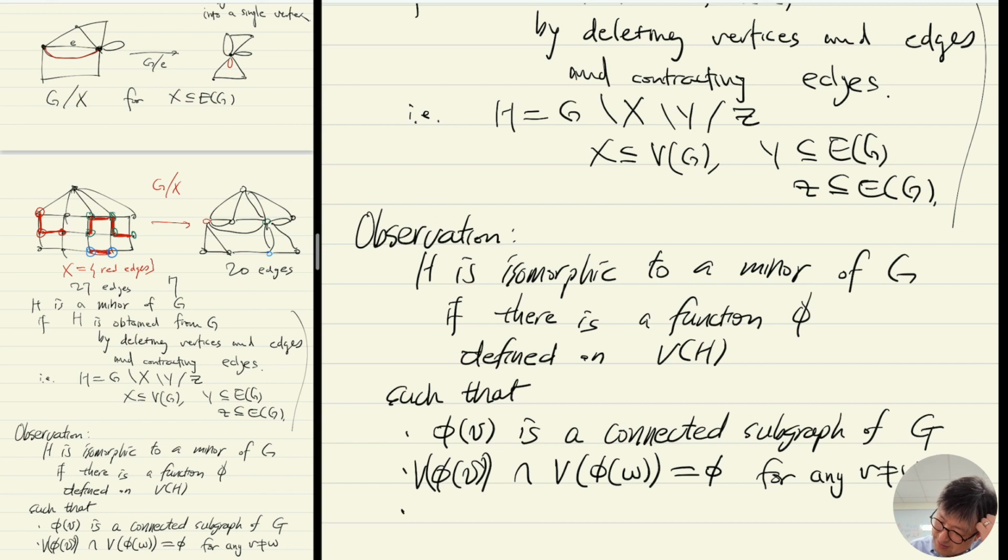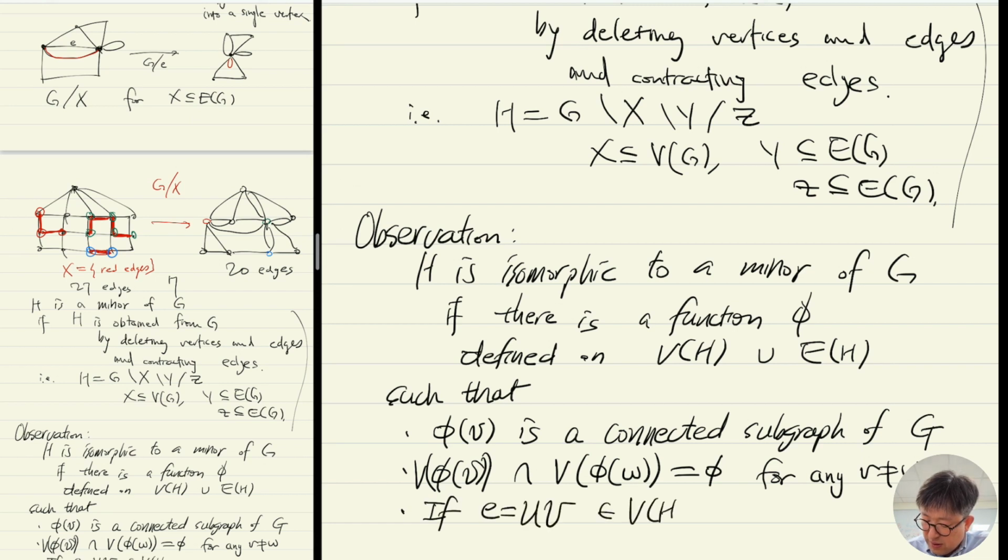Let me define this function on the vertex set union the edge set. So if e is uv, when I write uv, that means an edge joining u and v.